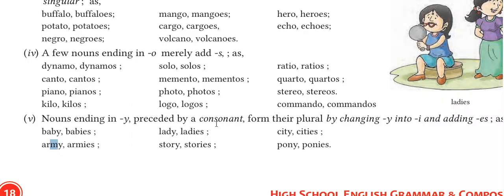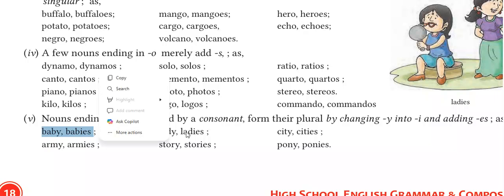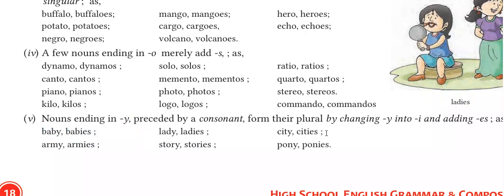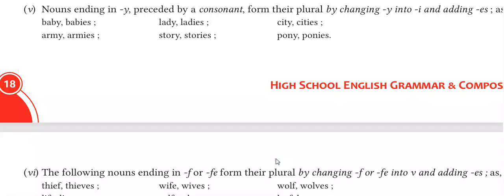So when there is a consonant before the ending y, we change y into i and add es. For example, baby becomes babies, army becomes armies, lady becomes ladies, city becomes cities, and story becomes stories. So this is a quite simple rule.